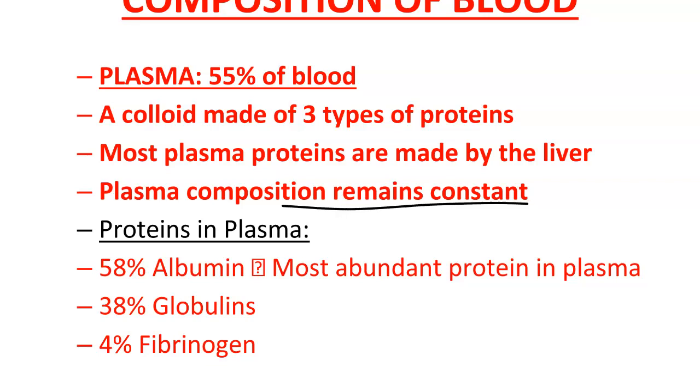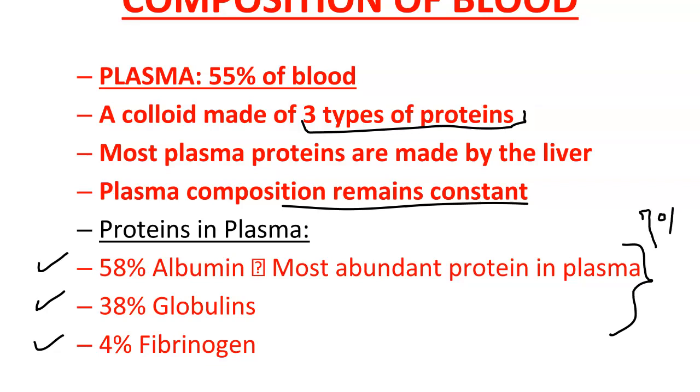Out of the 3 types of proteins that make up the 7% of plasma, the most abundant, 58%, is albumin, followed by globulins, which represent 38% of plasma proteins. The least abundant, 4%, is fibrinogen. Remember, these 3 proteins represent 7% of the composition of plasma. Remember that over 90% of the composition of plasma is going to be water.